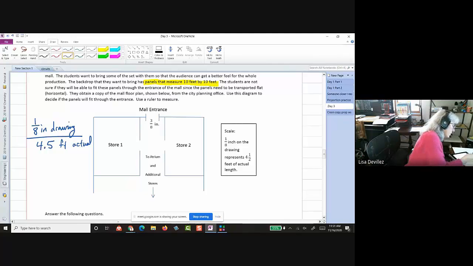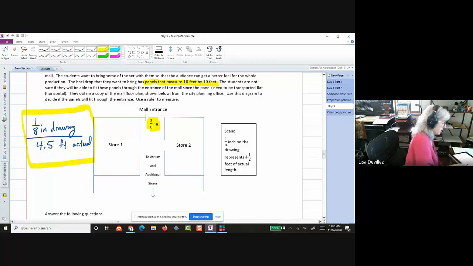If the door shown is 3/8 inches wide, will the panel fit through that? All right, so set up your ratio. Remember our scale factor is always going to be on one side of the ratio. Then on the drawing is 3/8, and your X will be the actual feet of the door.